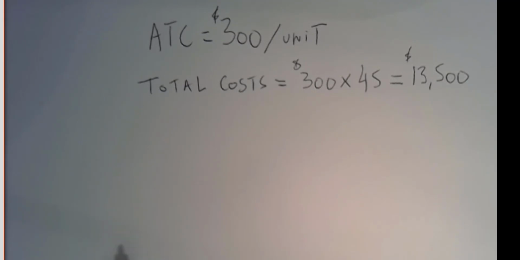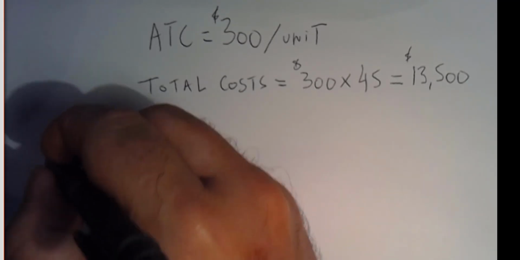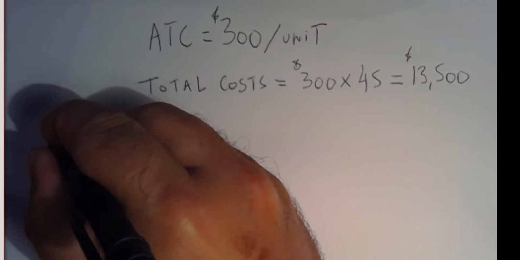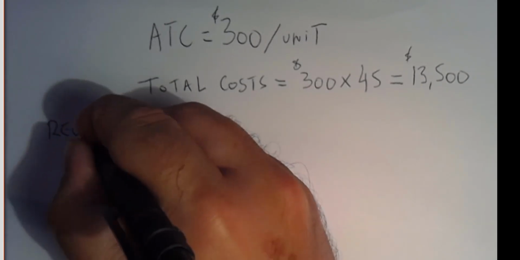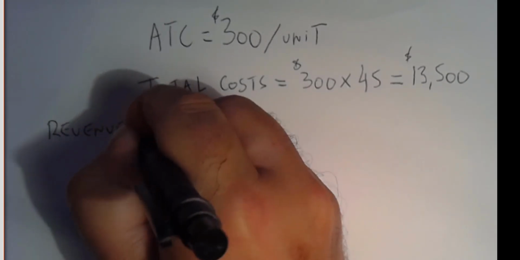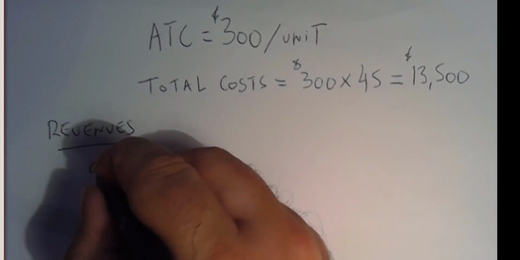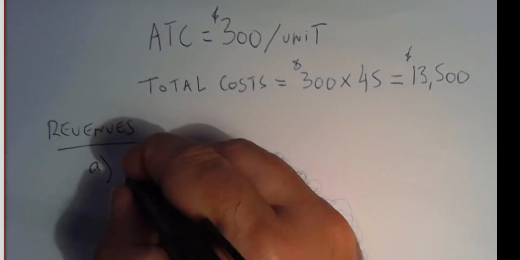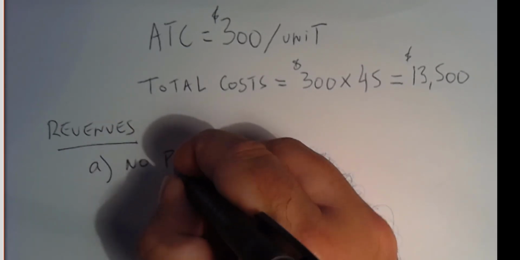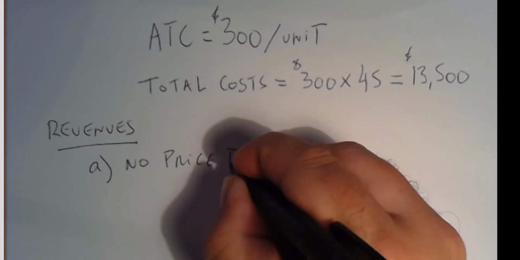Now let's look at the revenues. First scenario, no price discrimination.